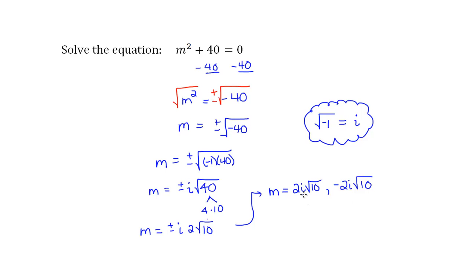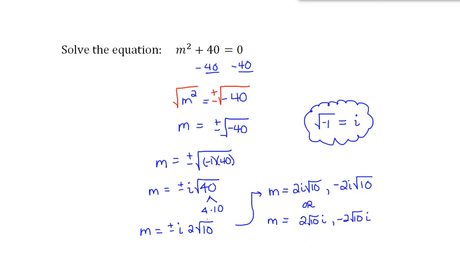Some people prefer to move the i and place it at the end to write it more in complex form. So you could also say that m is 2 times the square root of 10 i, or negative 2 times the square root of 10 i. And be careful, the i's are outside of the square root when you write them that way.